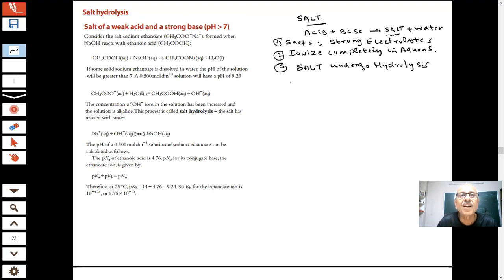What do you mean by hydrolysis, students? The reverse of the reaction. And the reverse reaction, you mean salt plus water will give you what? Acid plus base. Reverse reaction.